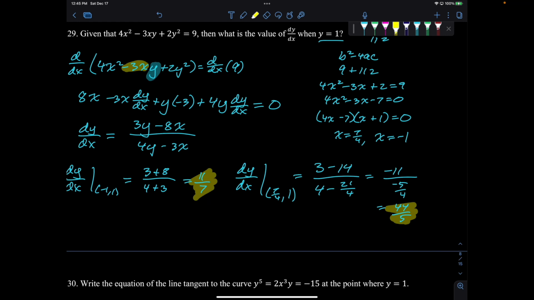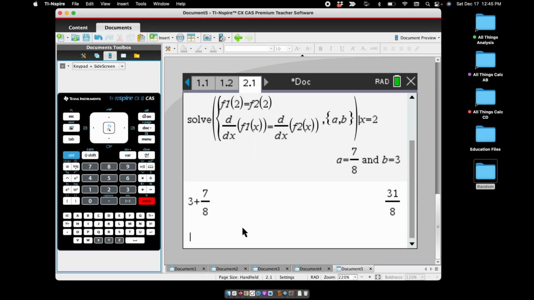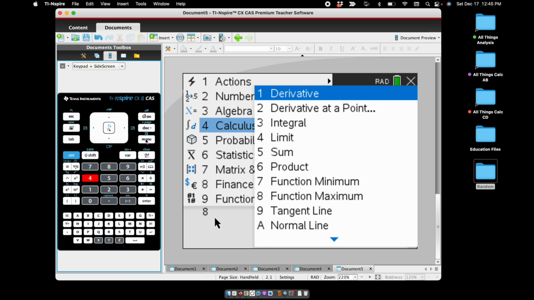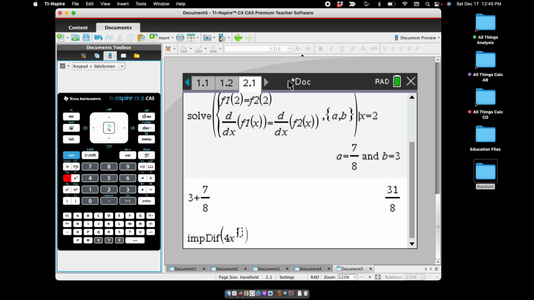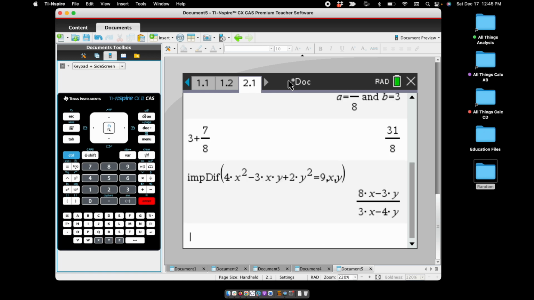I don't know. Let's take a look on the calculator. This is not a calculator problem, but who's making the rules, right? So menu, option 4 for calculus, press up a couple times, get to implicit differentiation. And then we're going to type it in. So 4x squared minus 3x times y, plus 2y squared is 9, comma x, comma y.